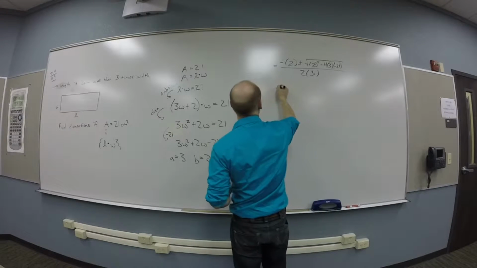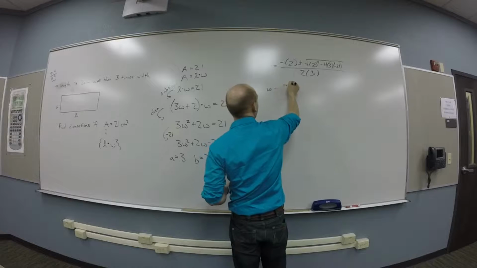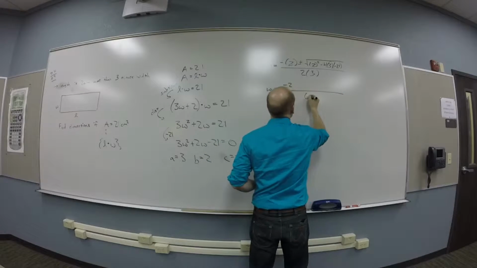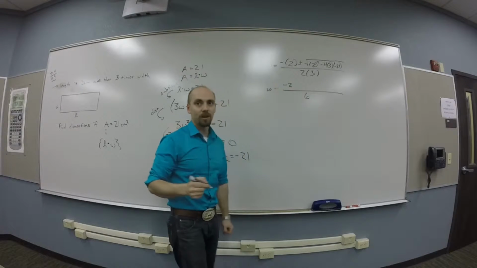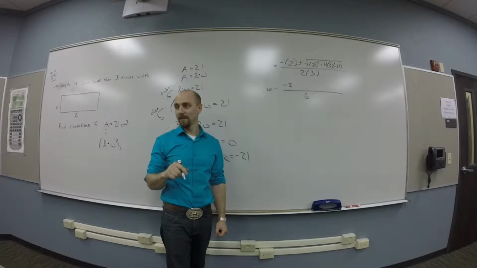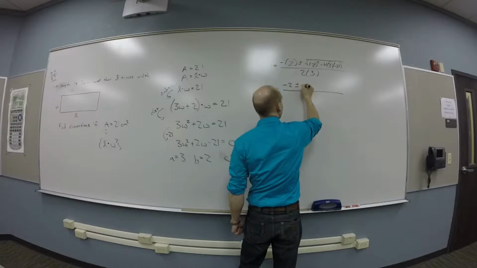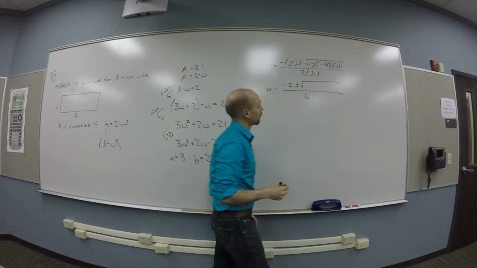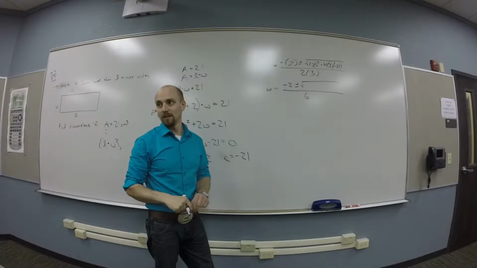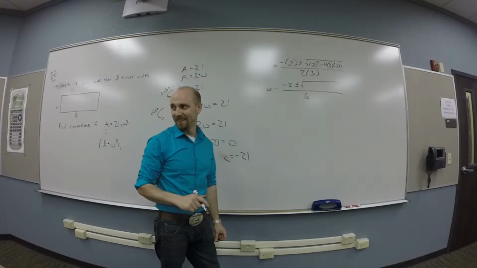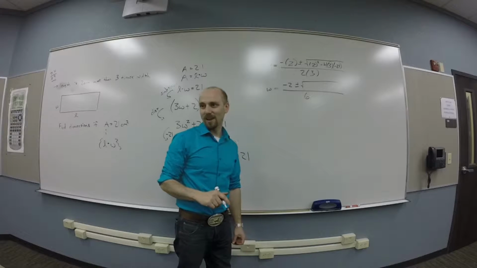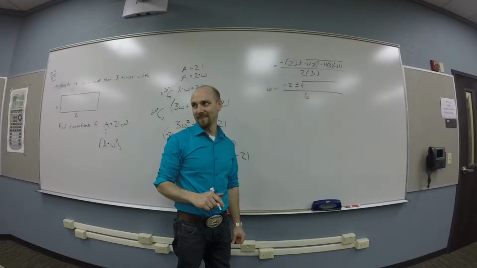Okay, so what do I got? I got W is negative 2 and 6 on the bottom. What do you got under the square root? Plus or minus the square root of 256.